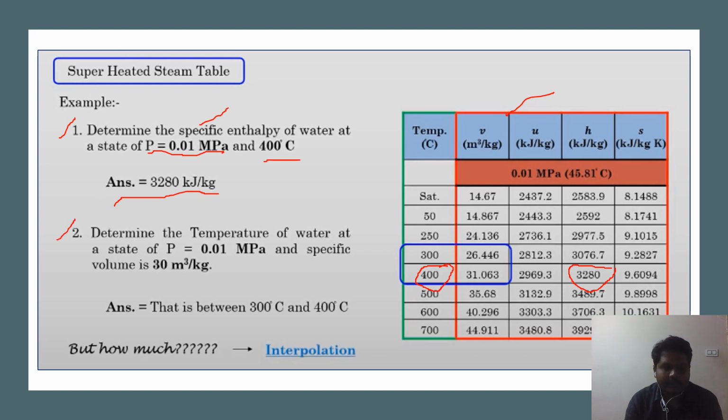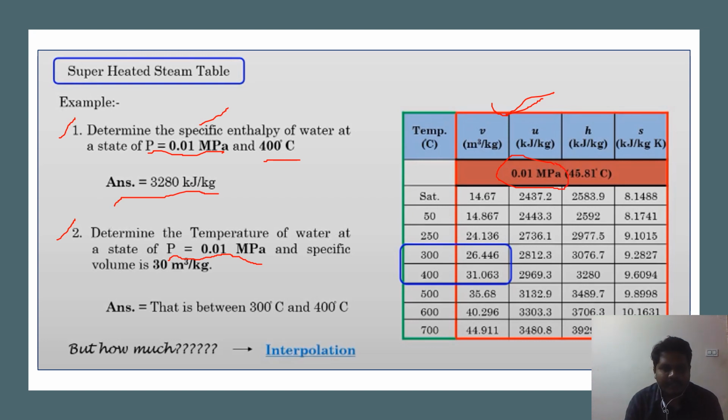Let us see another example. Determine the temperature of water at a state of P equals 0.01 megapascal and specific volume 30 meter cube per kg. We can use the same right side table, because the pressure is 0.01 megapascal.